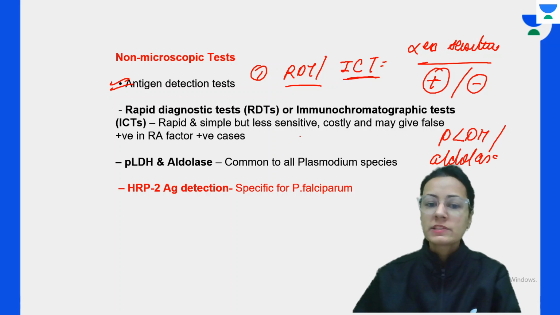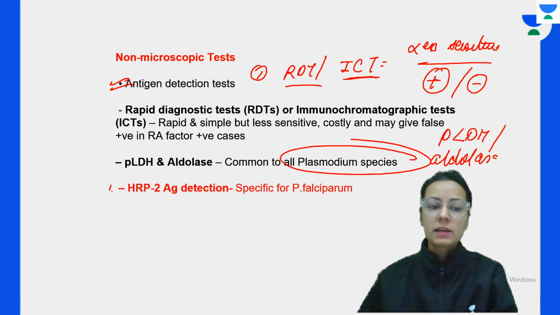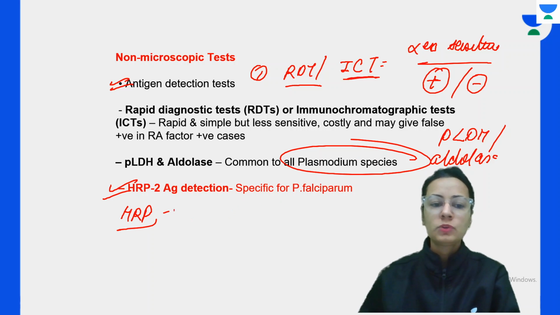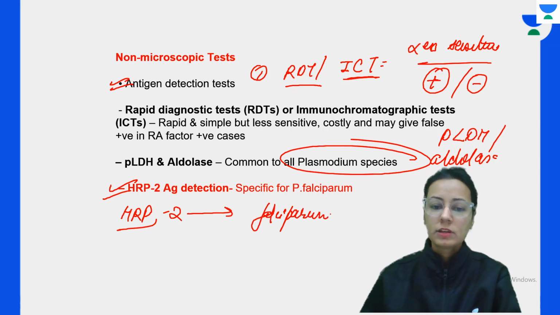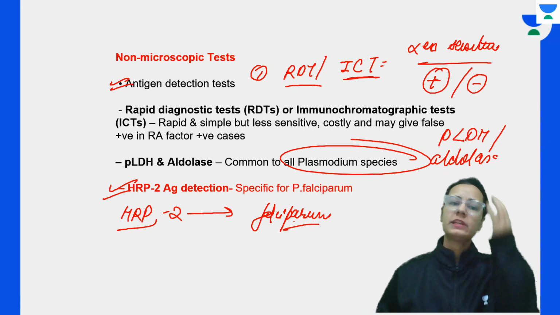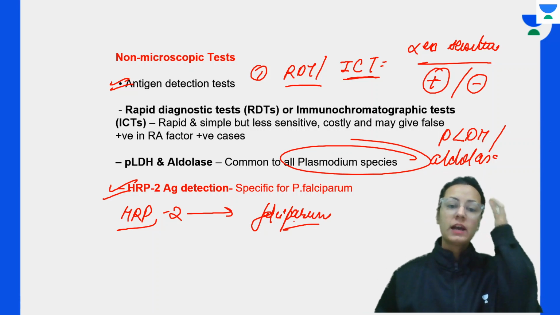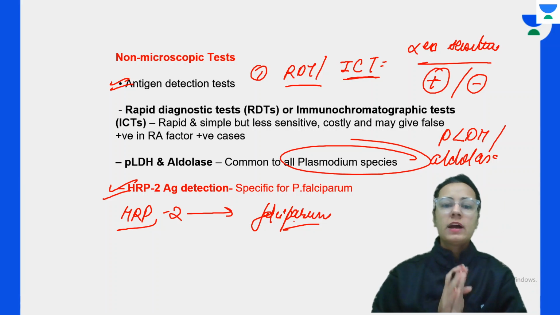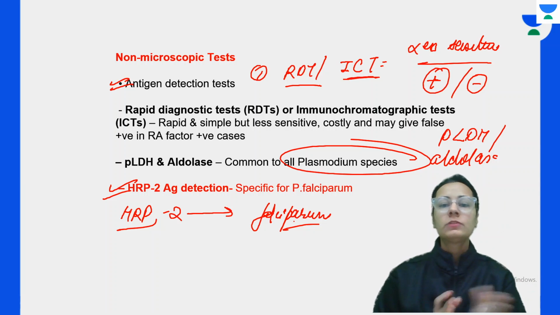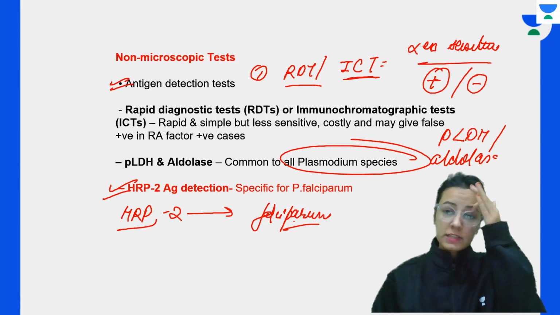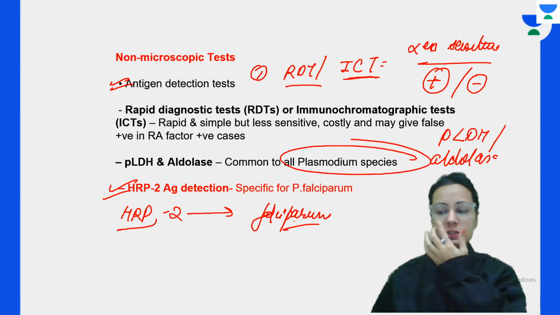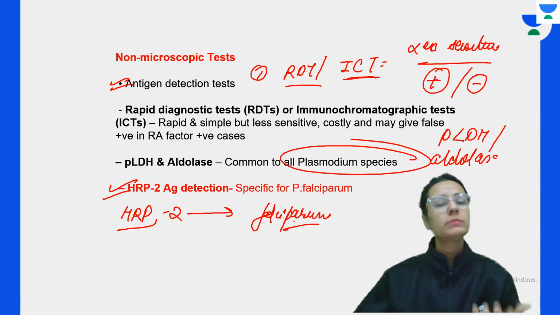They are present in all the Plasmodium species, but then we have the HRP, that is the histidine rich protein 2 antigen, which is only found in falciparum. So please remember that for the antigen detection test we are using the RDTs and the ICTs. They are rapid, but they are less sensitive. They are costly. They may give false negative test results. And we look for the LDH and the aldolase that are present in all the malarial species.